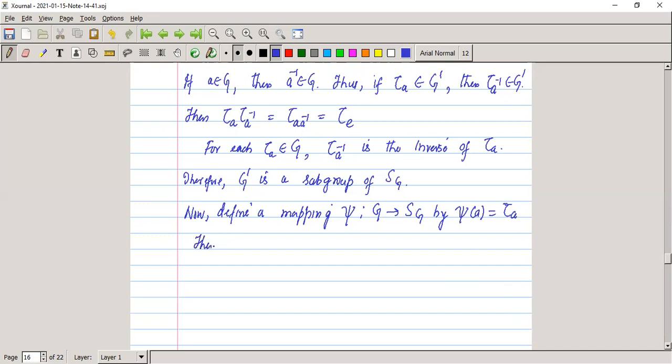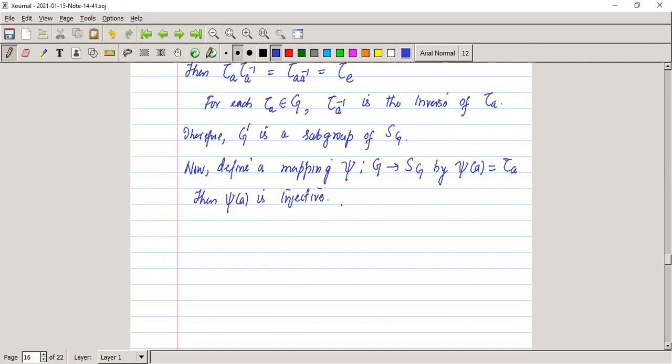Then psi is injective. And this can be seen like this. For this, let psi of a be equal to psi of b. Then this means that tau_a is equal to tau_b.